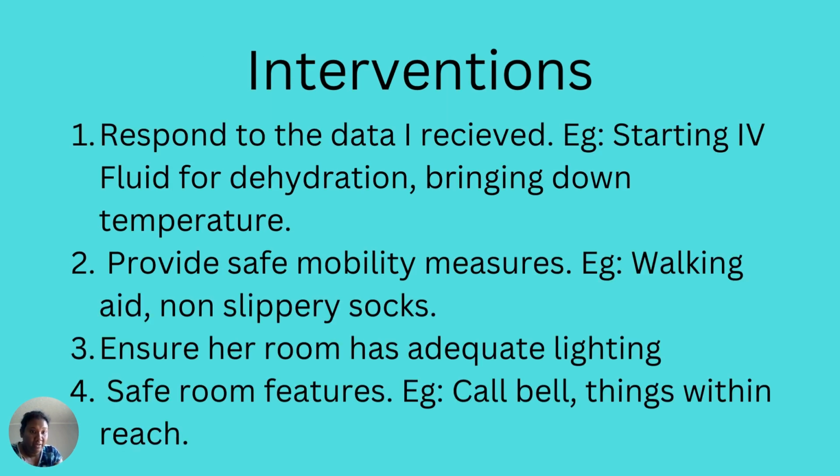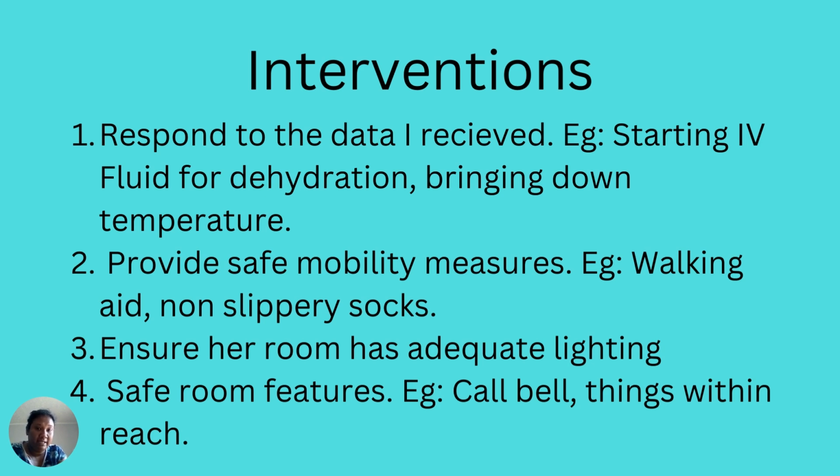Now that we have the nursing diagnosis, we plan for a couple of intervention. And for my patient, what I would do is, depending on the vital signs, for instance, I observe that my patient has hypotension and she has not eaten in quite a while.